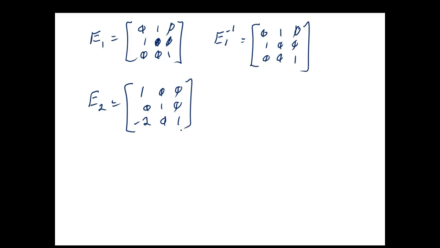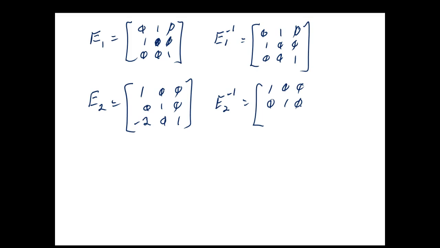Okay. Now, E2 inverse has to be a matrix that when you multiply it by this matrix, you get the identity matrix again. So the top 2 rows, nothing happens basically, so write those down. What would it be in that third spot?